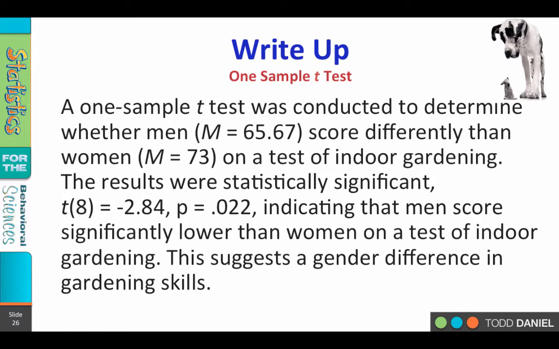This suggests a gender difference in gardening skills. What I would like you to do is look at the write-up when we did this by hand and when we did it by SPSS. Notice that the write-up is pretty much exactly the same. So we're going to be consistent with our write-up. The only difference that we'll see is that p-value, the 0.022 versus the less than 0.05. When we know the p-value, we write the actual value.